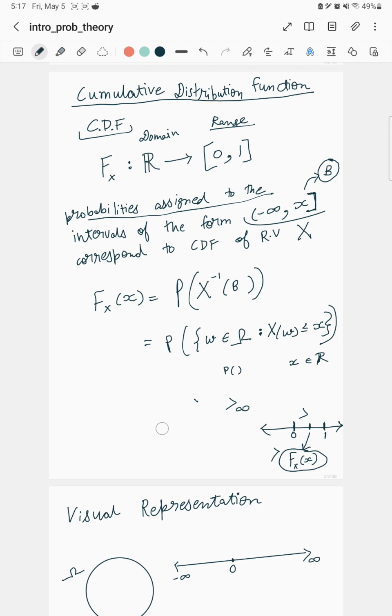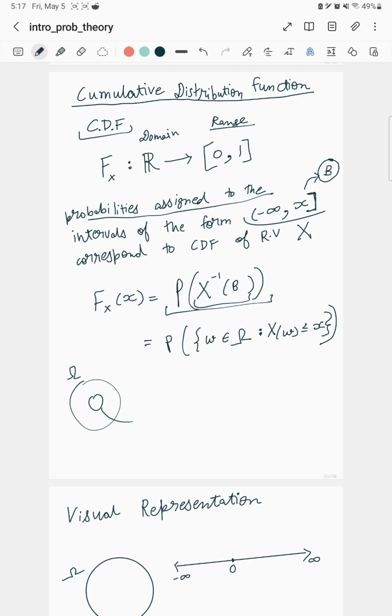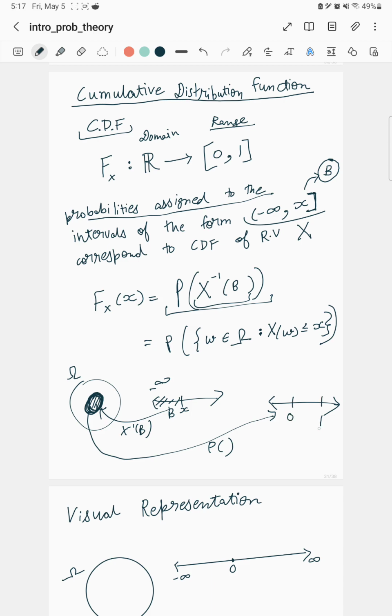If you want to write it in a mathematical way, you can write it like this. What was X inverse of B? X inverse of B was the pre-image. If you remember, this was B, the Borel set. This is X inverse of B. So this X inverse of B was the pre-image of this Borel set B. And then when you apply the probability measure function on this set, you would get some value between 0 to 1.